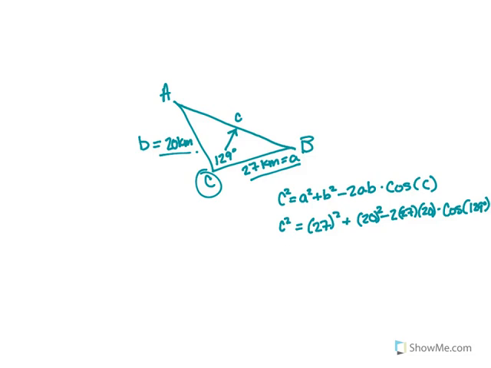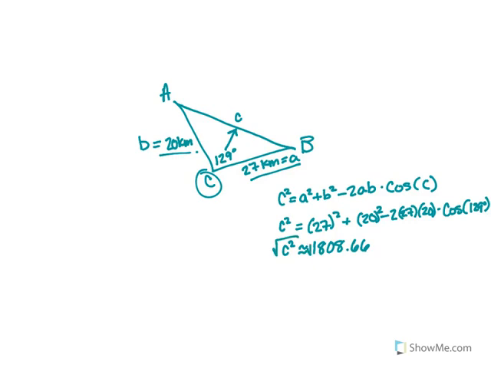Okay, when you plug that in your calculator, you should get C squared is approximately 1,808.66. Remember, you don't have to write down all of those decimals because you're going to click answer anyways, and your calculator is going to put all of those decimals in for you.